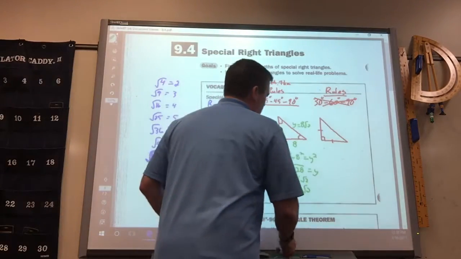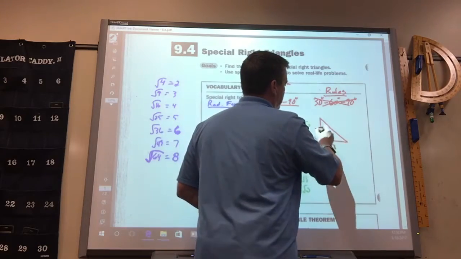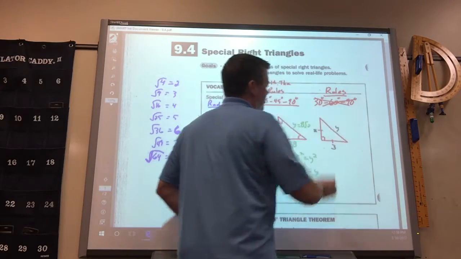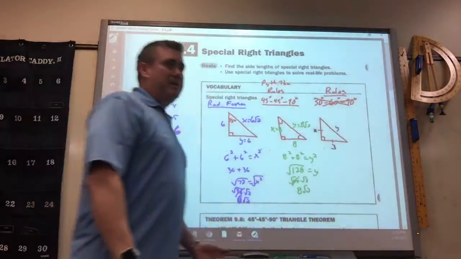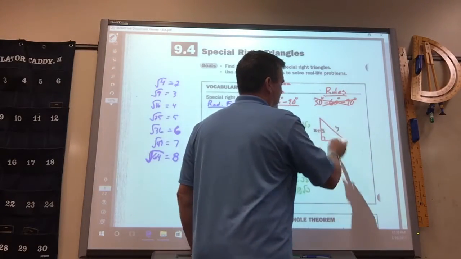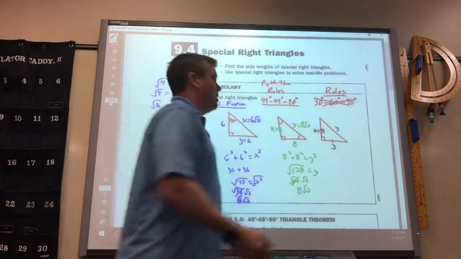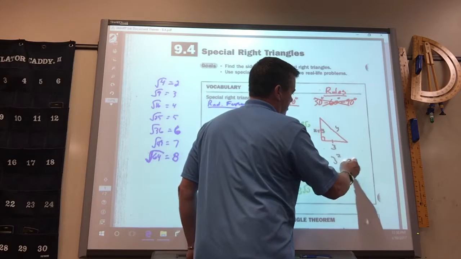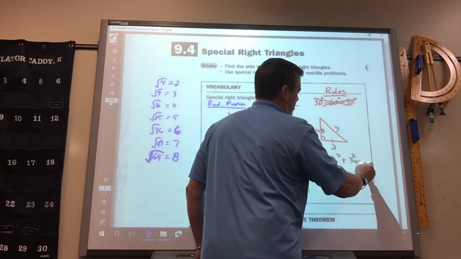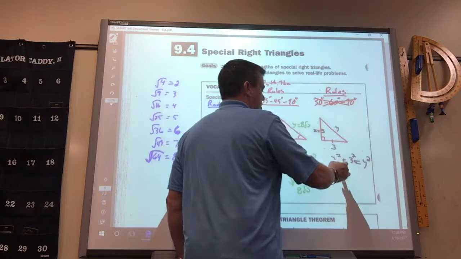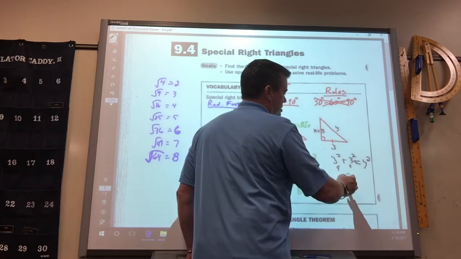Then we'll do this one. Let's say the sides are 3. That means x has to be 3. And then we can use the Pythagorean theorem. Anyone see the pattern yet? 3 squared is 9 plus 9, which is 18.